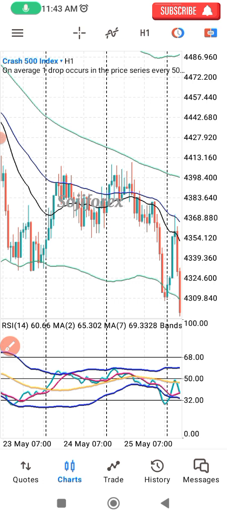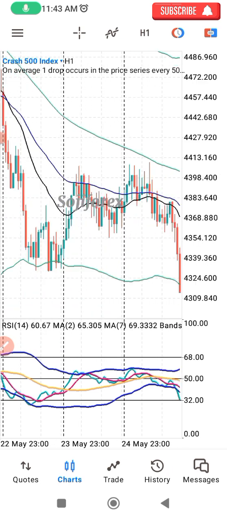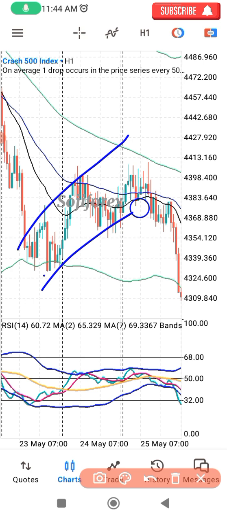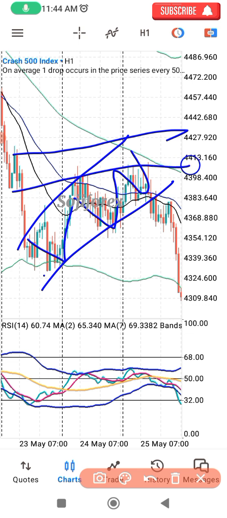Okay, so these entries, at times this can be formed in an area of support and resistance, because at times this pattern will start to form until it enters into an area of support or area of resistance, or it can be a demand zone.